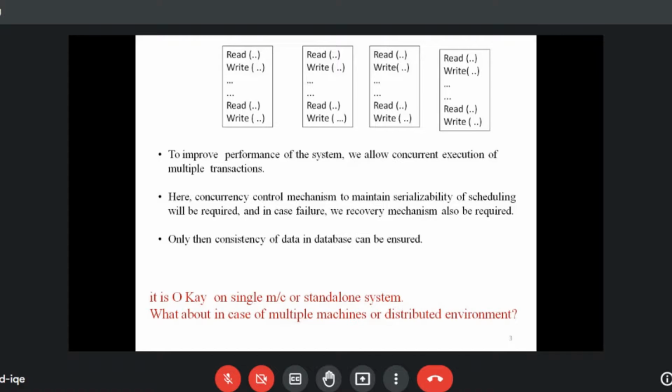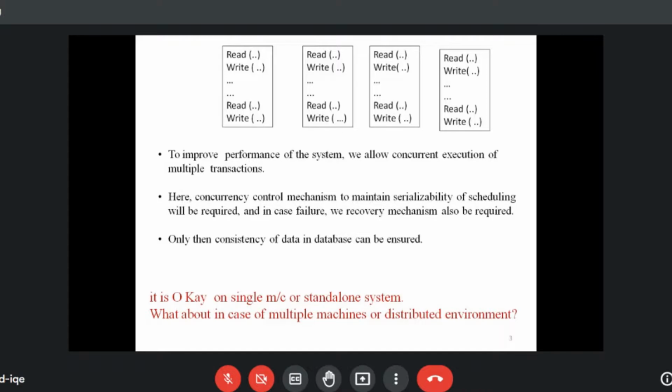You study in the chapter on transaction management the schedule of the transaction. If the transactions are executed in such and such a schedule, then serializability, consistency, or ACID properties can be ensured. And in case of failure, we use a recovery mechanism. In the event of failure, we have to recover.